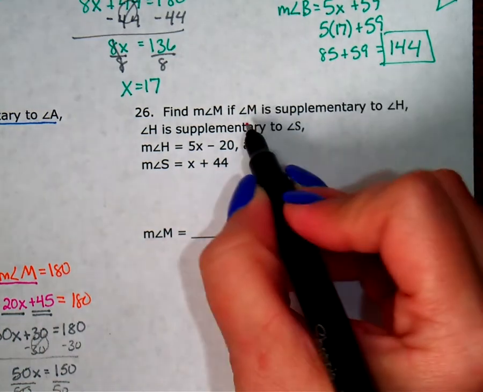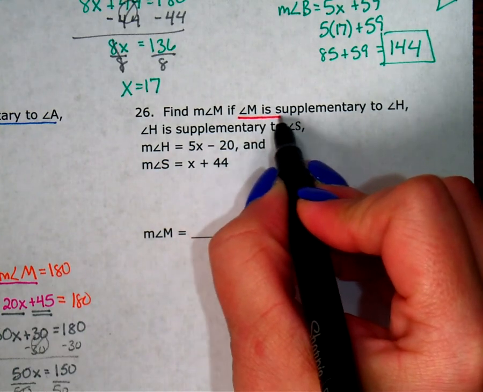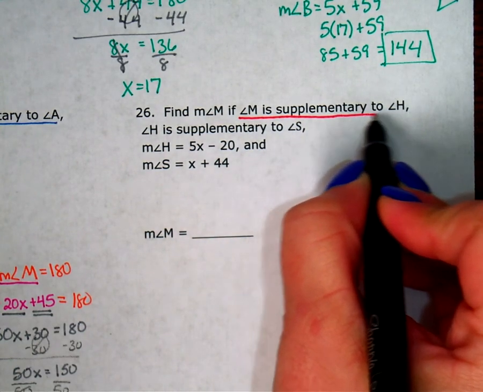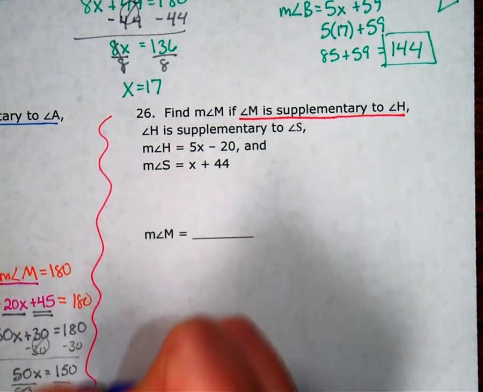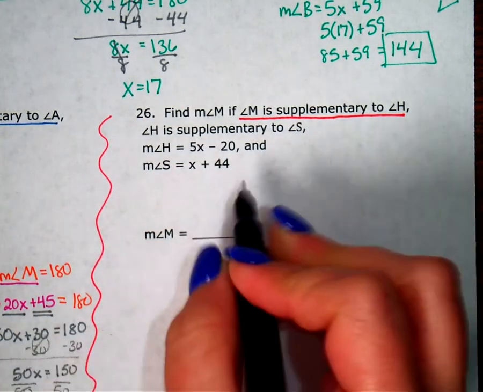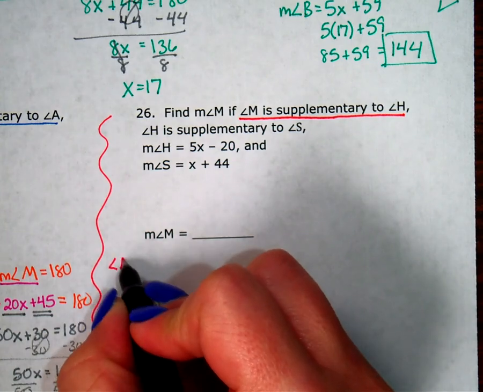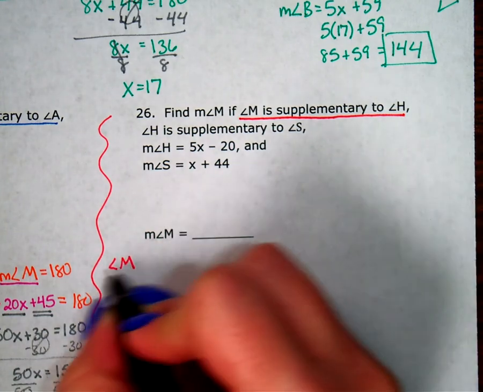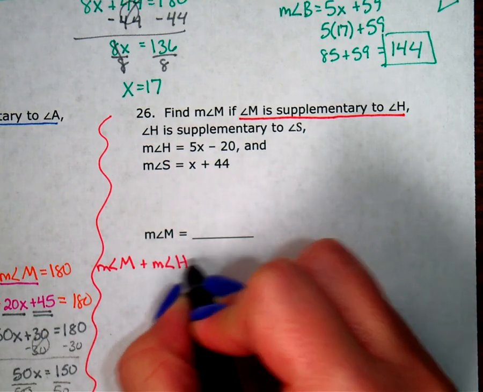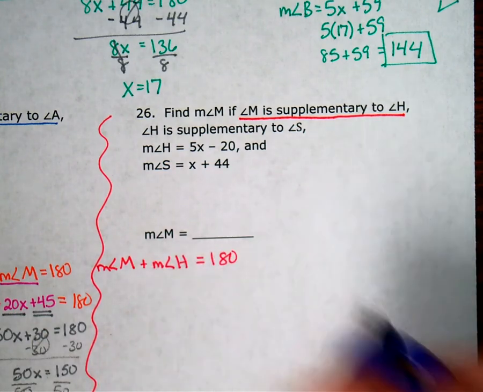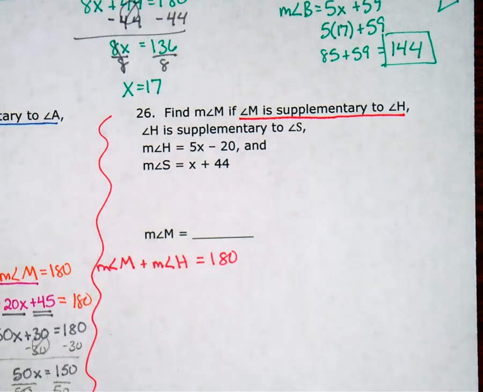So again, I'm going to take each piece separately. The measure of angle M is supplementary to H. So I'm going to make myself a little line so I don't get mixed up with my last problem. Angle M is supplementary, so the measure of angle M plus the measure of angle H equals 180. That's from the first line.